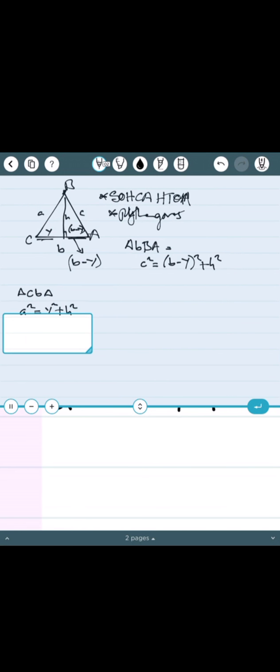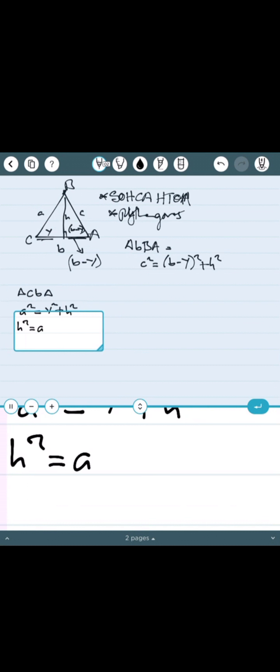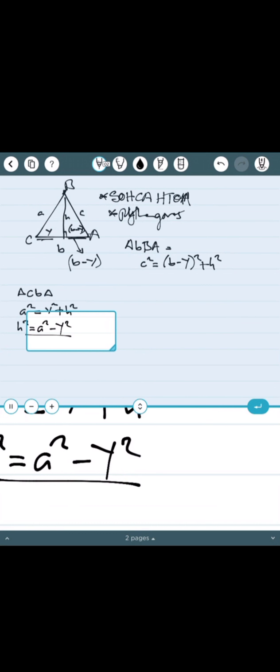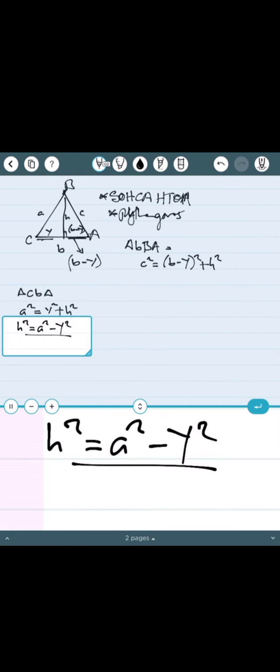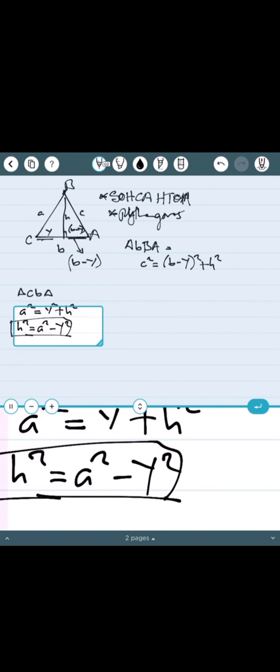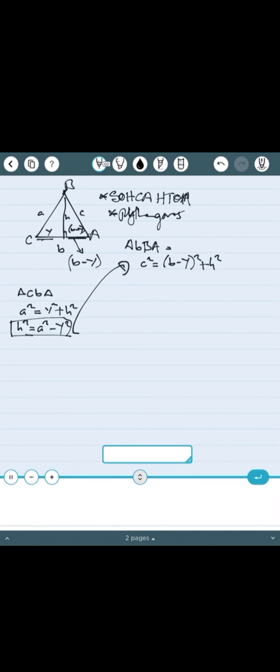What we are going to do with this side, we're simply going to make H the subject of the formula, and this is going to become that. So meaning this is the value of Y. The main reason we are doing this is because we want to substitute the value of H into the other formula which we have right up there.